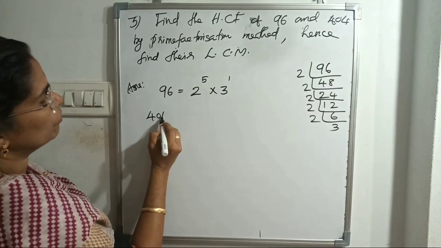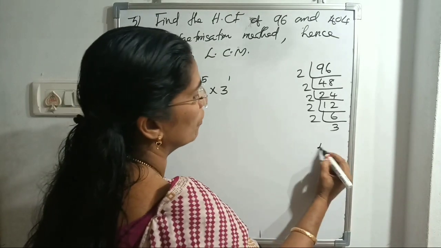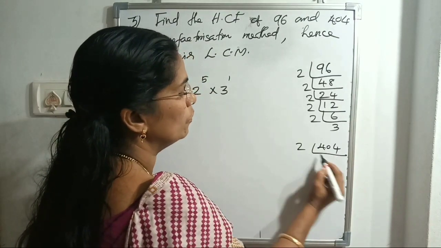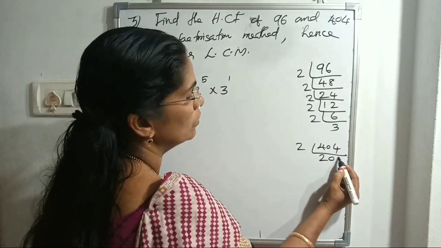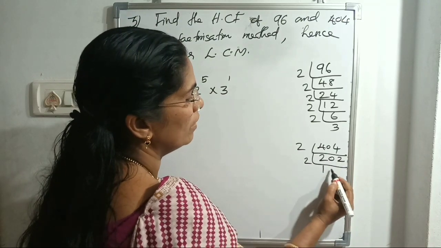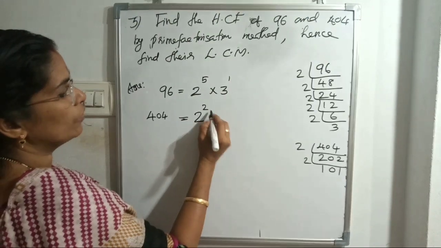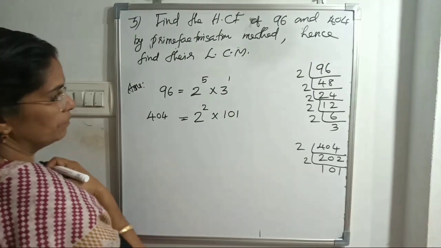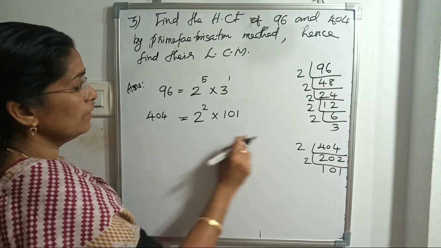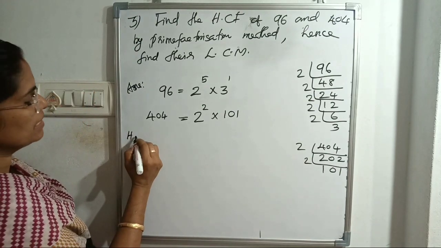Like this we can write 404. 404 divided with 2, 202. Again with 2, 101. 101 is a prime number. So we can write it as 2 square into 101. Clear?